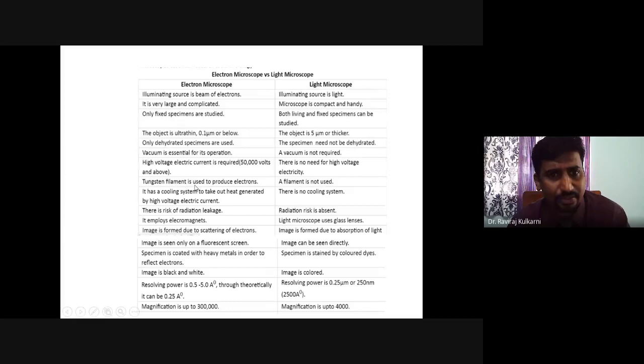A tungsten filament is used to produce electrons. How do you produce electrons? You require a cathode, where you apply very high voltage, so electrons come out of the tungsten. A tungsten filament or lanthanum hexaboride can be used as the electron gun.